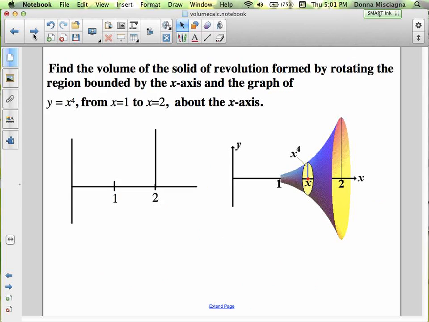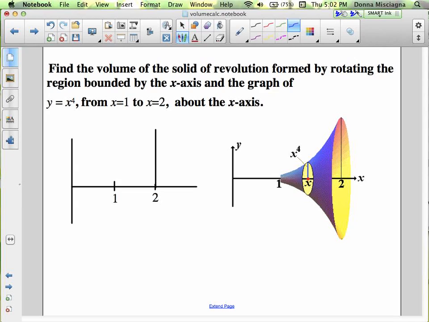So we want to find, here I have to graph this one. There's the three-dimensional picture I happened to find. When I draw it, my pictures don't look quite so pretty, but I do always draw them out. We want to find the volume of the solid of revolution formed by rotating the region bound by the x-axis and the graph of y equals x to the 4th from 1 to 2.